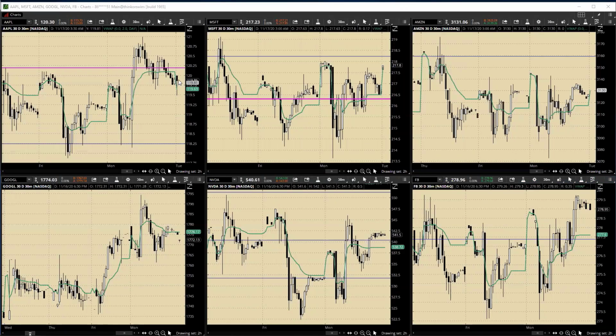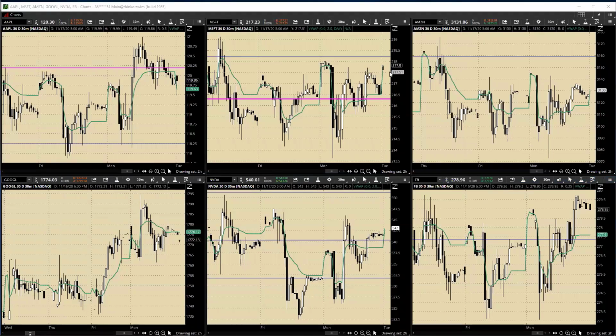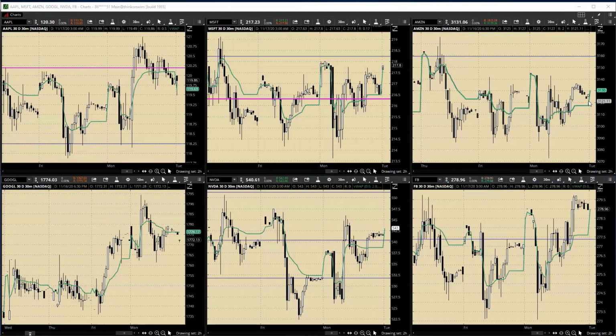Apple just kind of stagnated. It's been like that. Microsoft did jump up, almost at 218. Amazon just gently higher. Google a little bit lower.